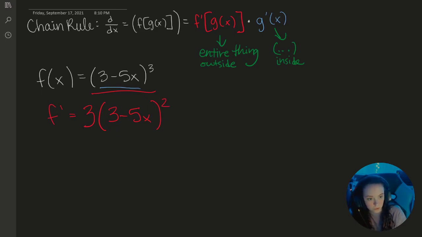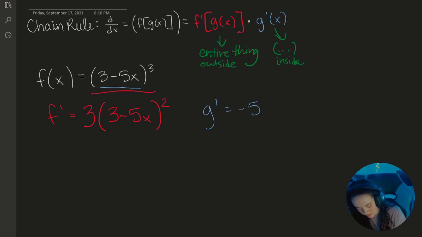So that's what we have for our f prime of g of x. Okay? Now our g prime of x is just going to be a negative 5.